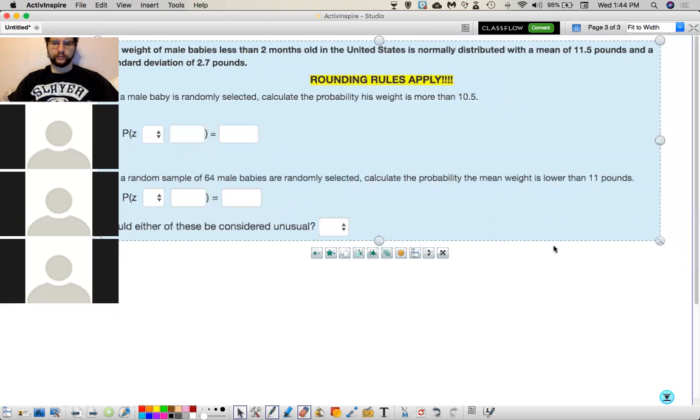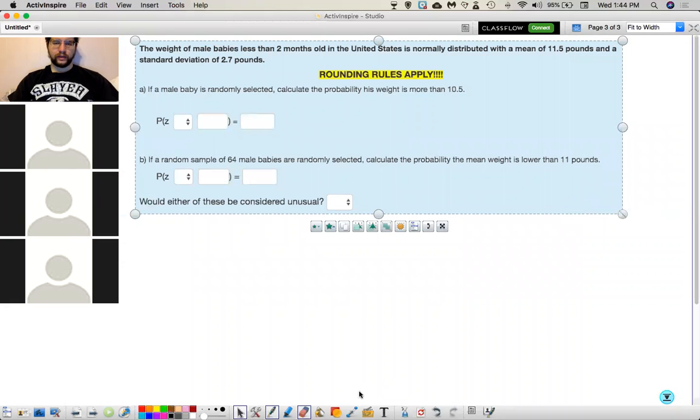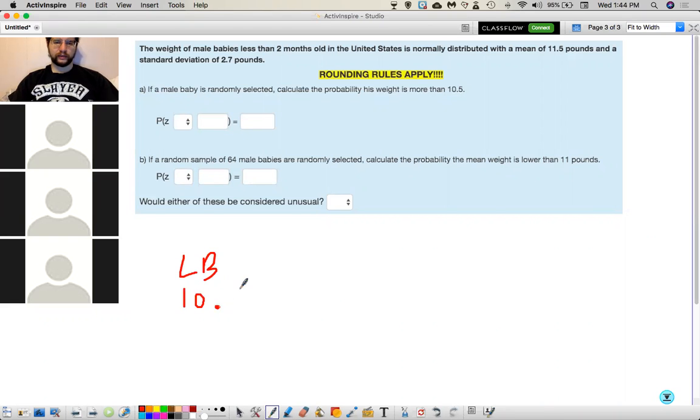So my lower bound, 10.5. My upper bound, infinity. My mean is 11.5.